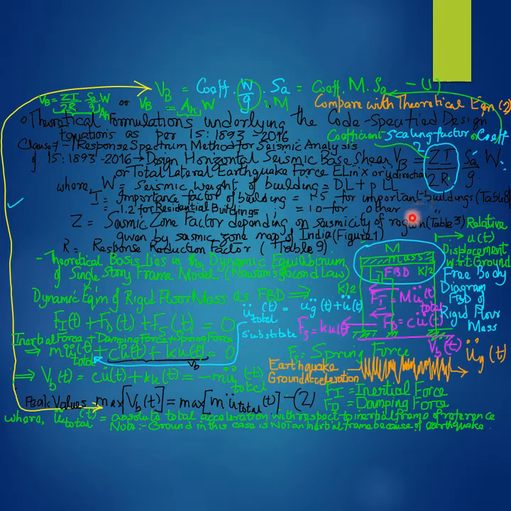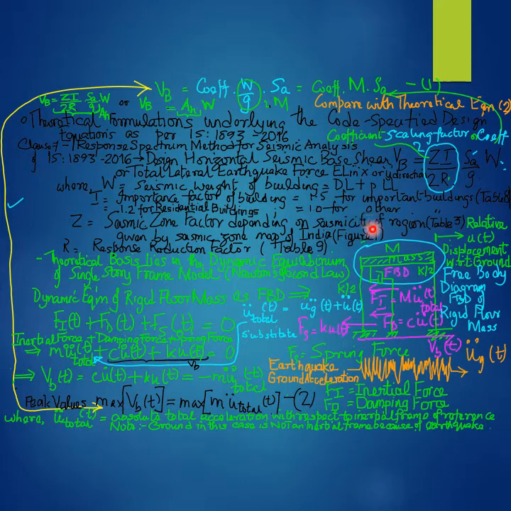Thus, noting that the only single degree of freedom, that is the only displacement of the single degree of freedom single story frame model illustrated in this figure, is the displacement u as a function of the time t with respect to the ground, that is the frame of reference.